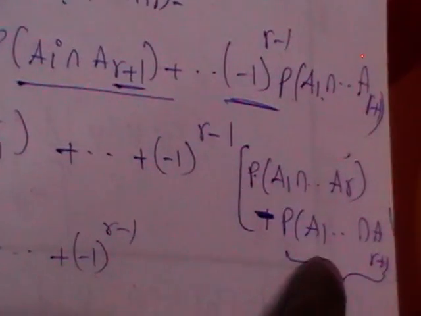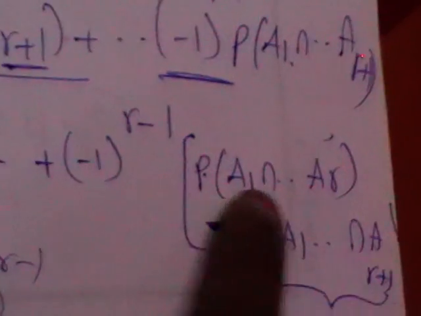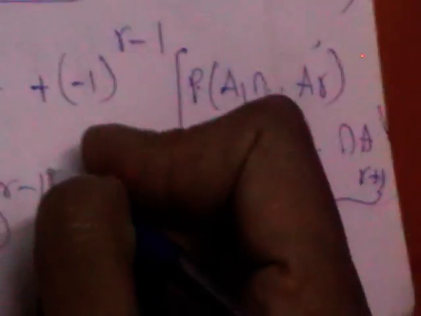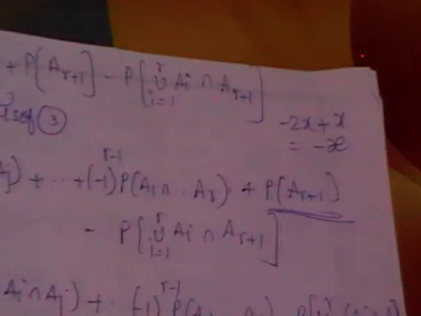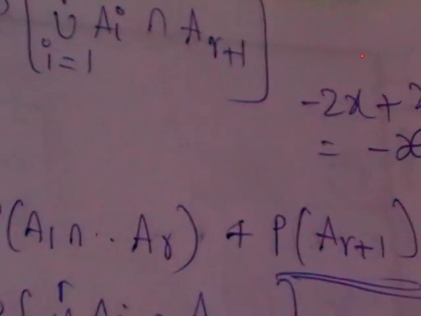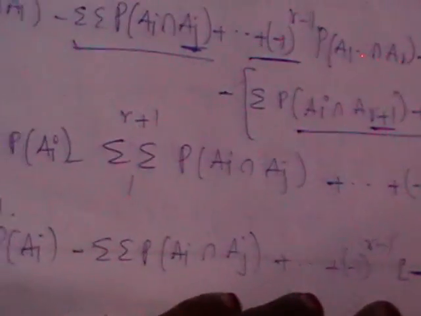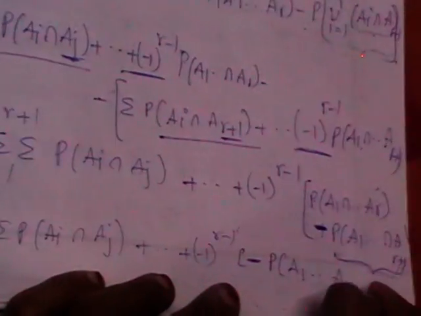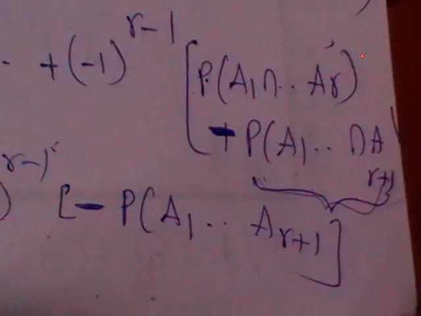Here you have probabilities up to AR and AR minus 1. From these two terms we observe that this probability is more than this one. So if you add minus 2x plus x, how much will you get? Minus x. Among these two terms, this term is the biggest, so you will get minus of P of A1 intersection so on AR plus 1. Okay, so you will get this as minus.